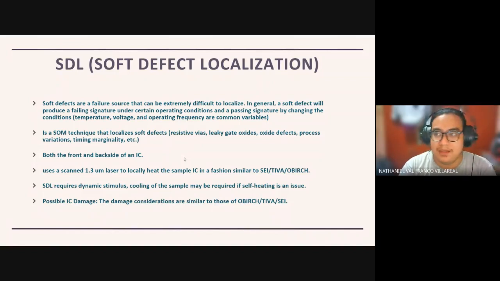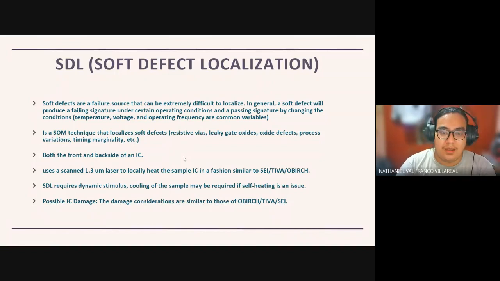For example, if the ambient temperature of the testing site is 22 degrees Celsius, and whenever the ambient temperature reaches 26 degrees, the certain chip or device fails. This is called a soft defect, because while the chip is considered faulty, it can only be considered faulty when it reaches a certain temperature.